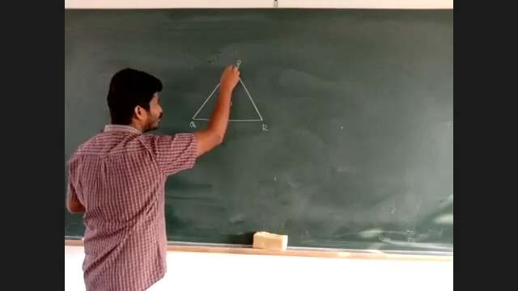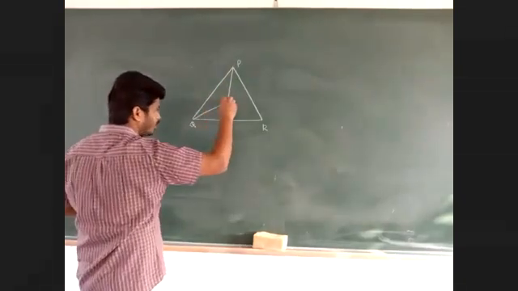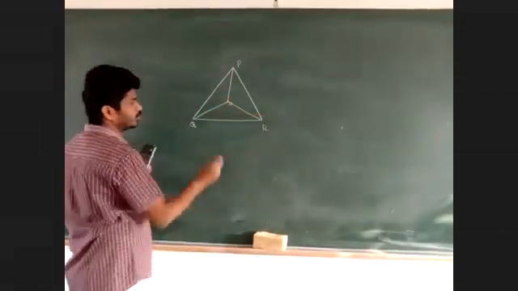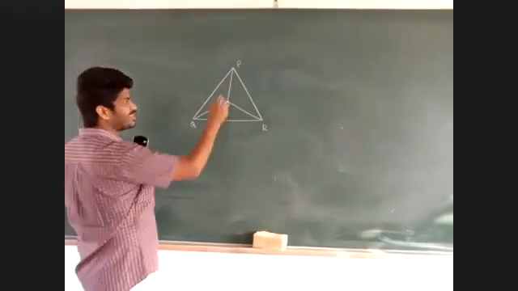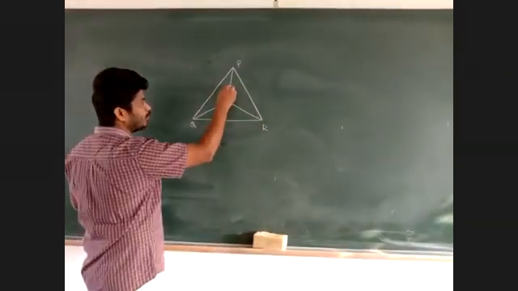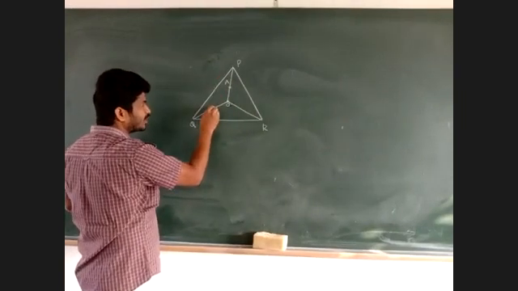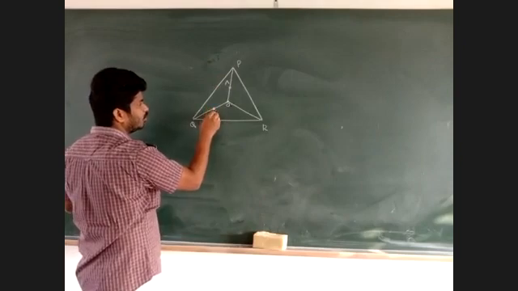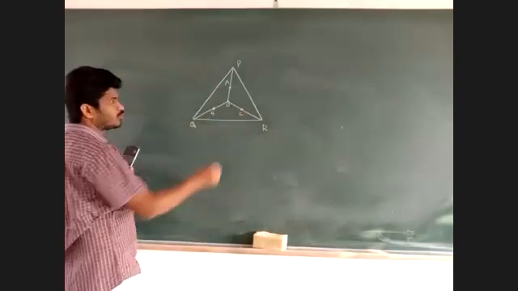Join OP. Similarly, OQ and OR. Now, A is a point on the side OP. This is point A. And B is the point on the side OQ. C is the point on the side OR. Now join AB.